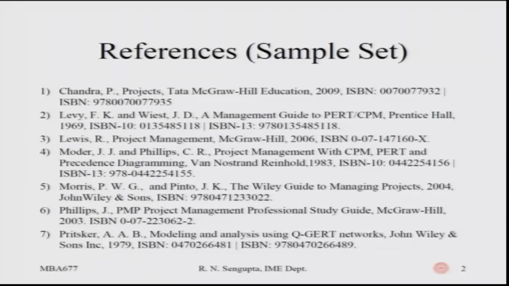It covers how precedence diagrams, which we will consider later on, are treated in detail, and how operation research optimization framework is used to analyze different types of problems, in more depth than Levy and Weist.